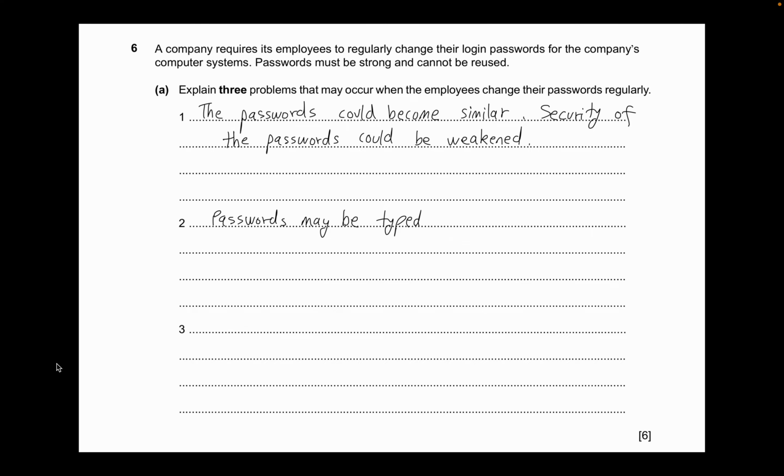You can mention that as the password is like the previous one. What is the consequence? This could lead to login errors. Okay, this could lead to login errors.